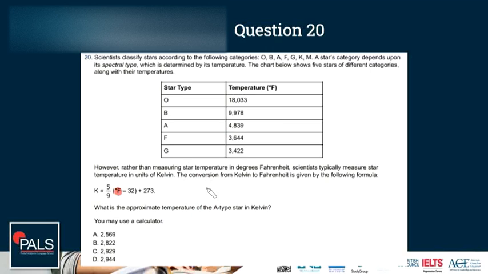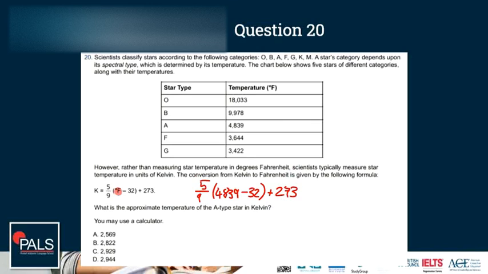So 5 over 9 in brackets, class A is 4,839, minus 32, plus 273.